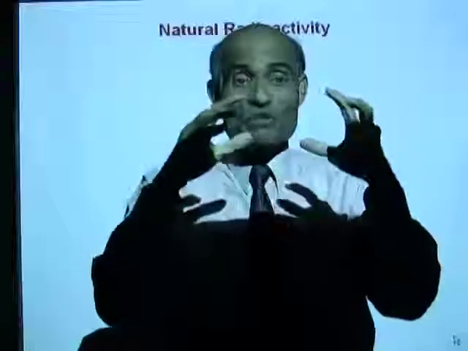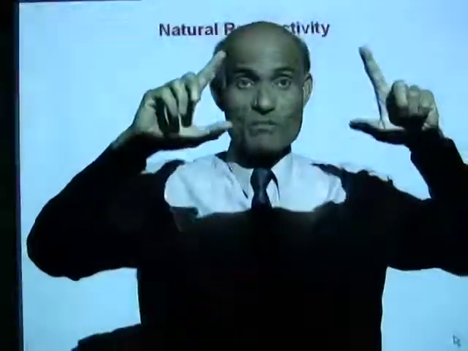Now, in this lesson, we are only concerned with the nucleus. Radioactivity is a nuclear process, something that happens inside the nucleus. So we are not worried about the electron structure outside the nucleus.